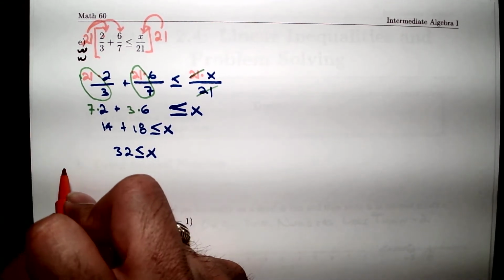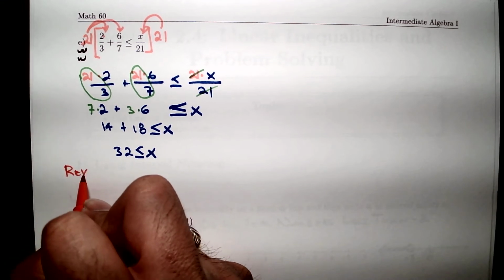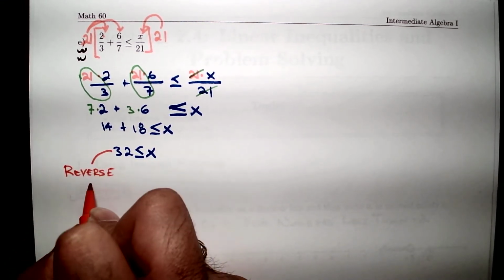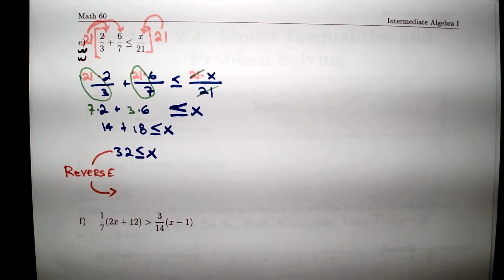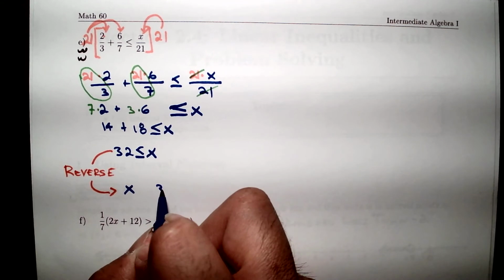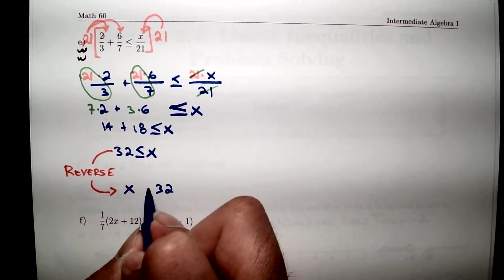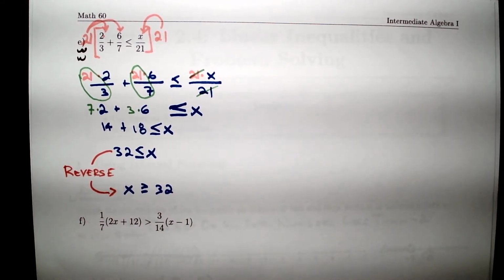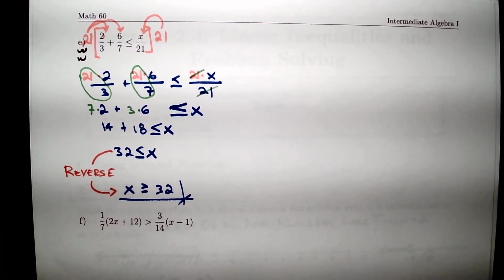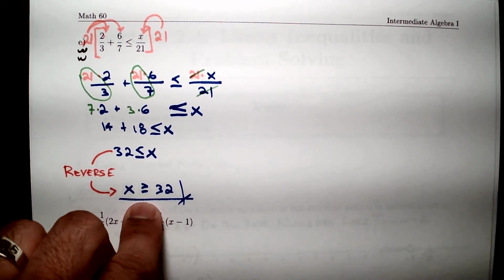What do we need to do here? Reverse. Okay, let's do the reversing operation. x is greater than or equal to 32. However, we need to reverse the inequality sign as well.